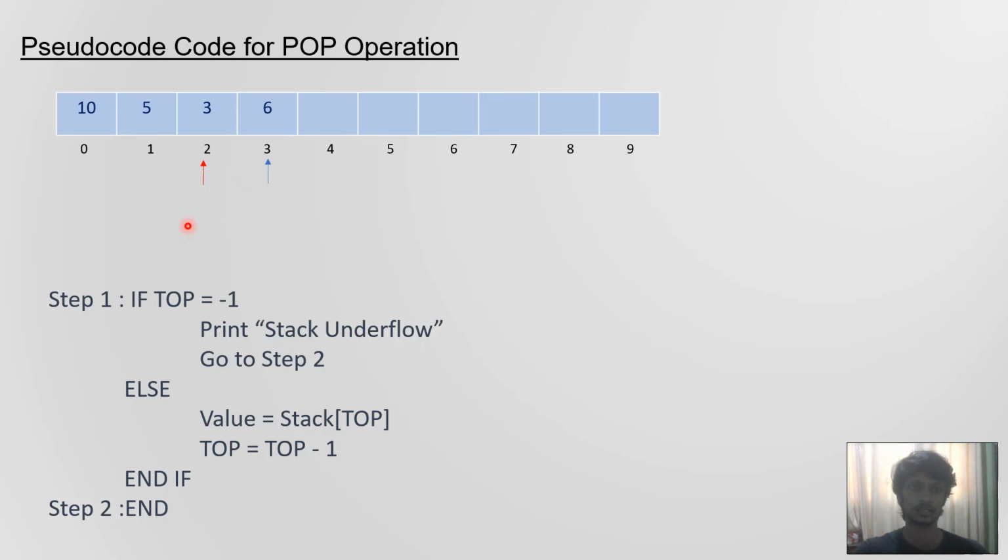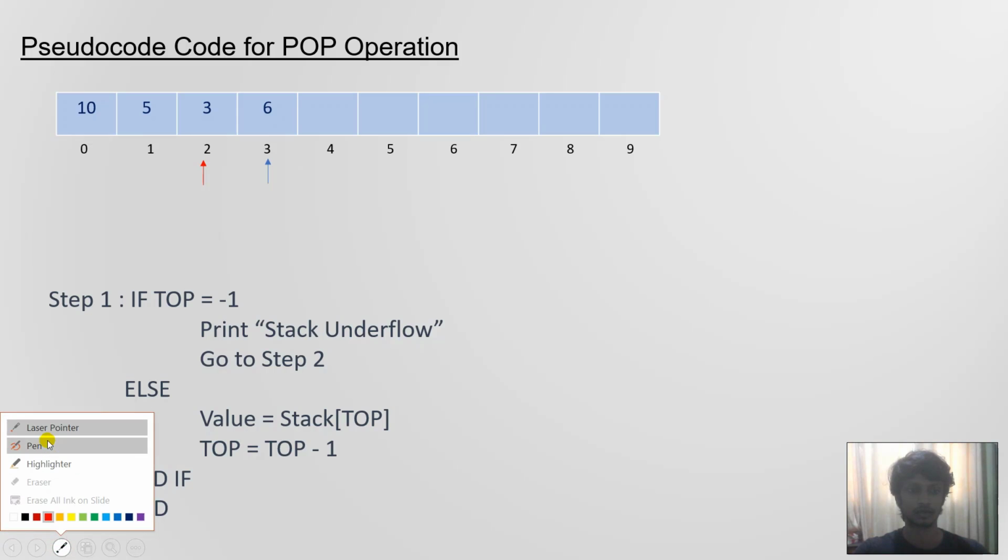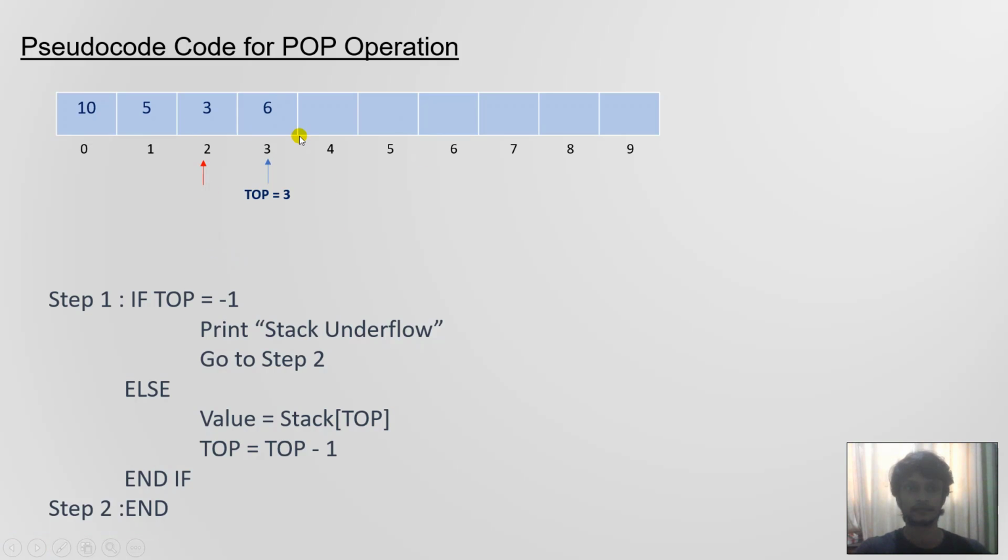So as you can see, in our default state the topmost location is equal to 3, because we have 4 elements in our stack. Therefore, the top index will be 3.